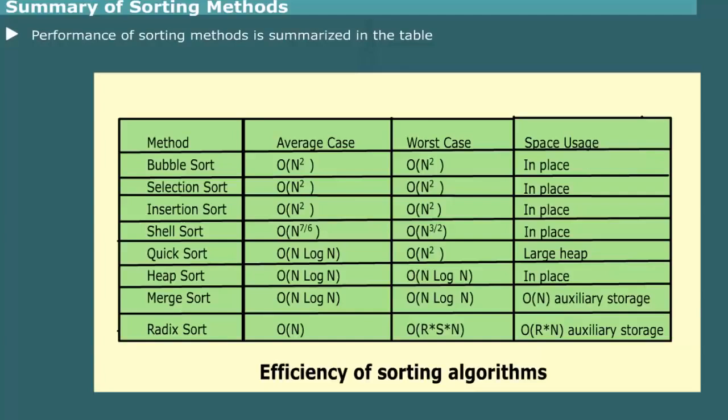Among the logarithmic sort methods, quick sort gives best performance if the input data is randomly distributed. The heap sort is the best choice when distribution or order of input data is not predictable. It is a robust method with guaranteed logarithmic performance in all situations.